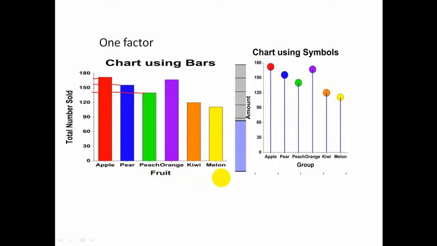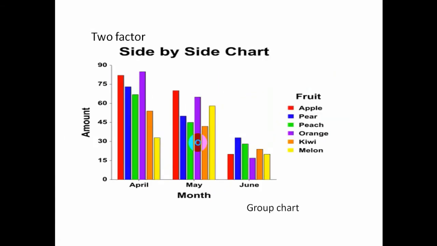So that is how to represent the data by one factor bar charts, and now how to represent the data by two factor chart. This is actually a group. Now, this group represents the amount of all fruits in April. This group represents the amount of all fruits in May, and this group represents the amount of all fruits in June.